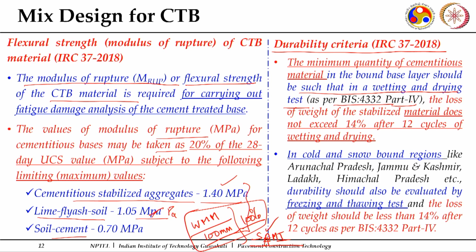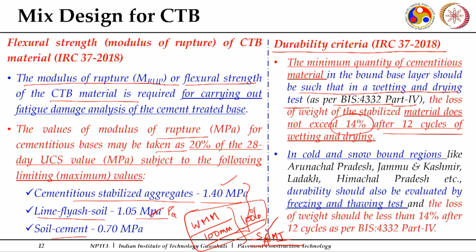I am not going into the depth of the test procedure, but here you can get an idea: the specimen has to be subjected to 12 cycles of wetting and drying, and the loss of weight should not be more than 14%.